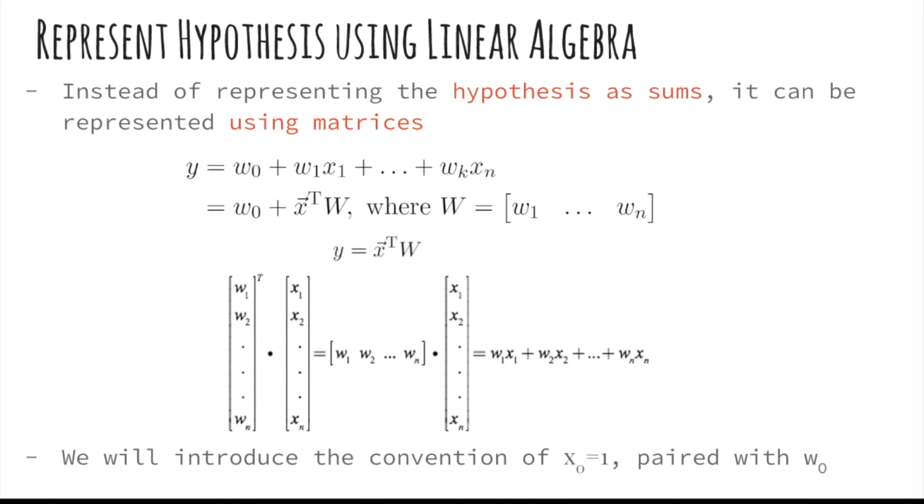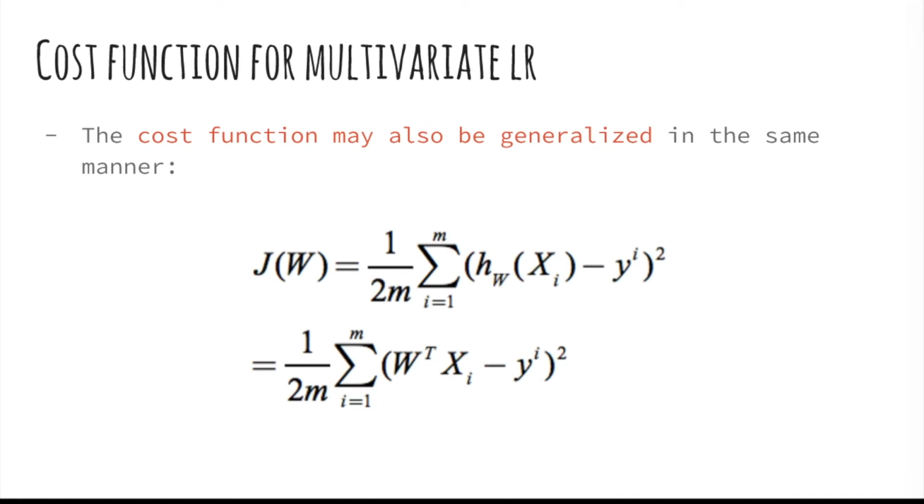Now, with this form, we can't have constant terms w0 because they aren't attached to any feature. Actually, we can think of them as attached to the feature of 1 because any value times 1 is that value. Hence, we can make x0 always equal to 1 and still have constant terms. The cost function will be the same as before using the new notation for our model.